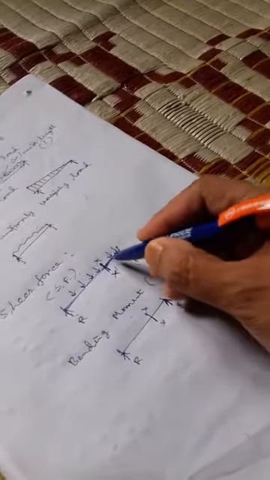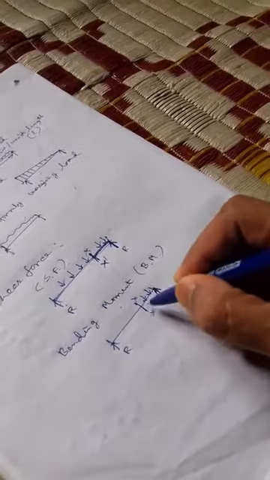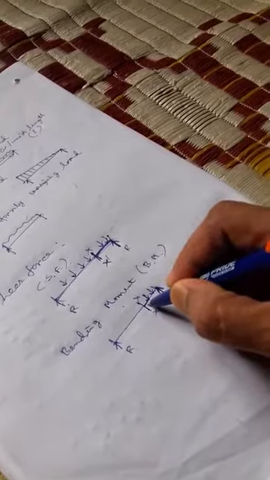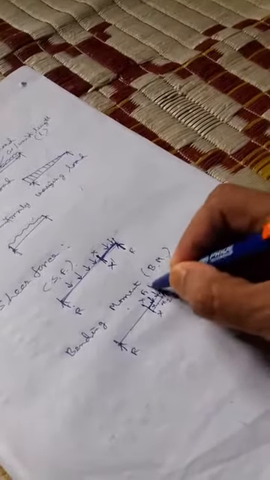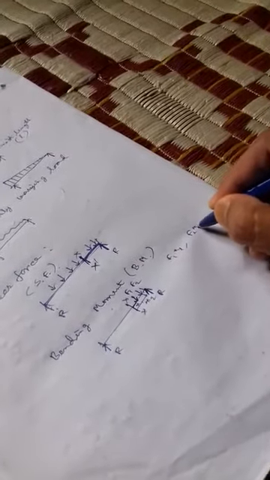So in this case, all the forces have a moment. If there is a force, this is a force. From the cross section, if the distance of this force is x1, and the distance of this force from the cross section is x2, and the forces are f1 and f2, then the moment of the first force will be f1 x1 and the moment of the second force will be f2 x2.